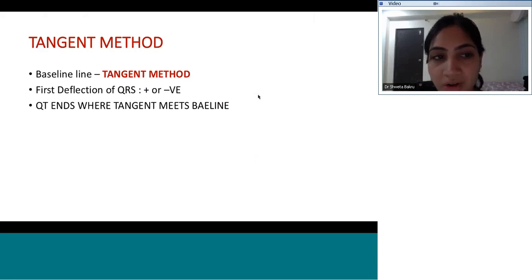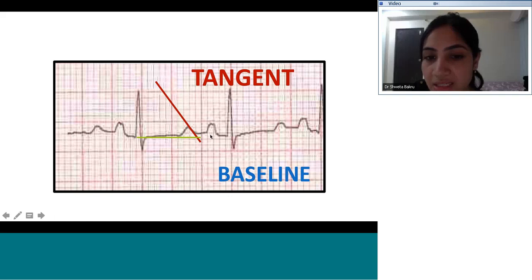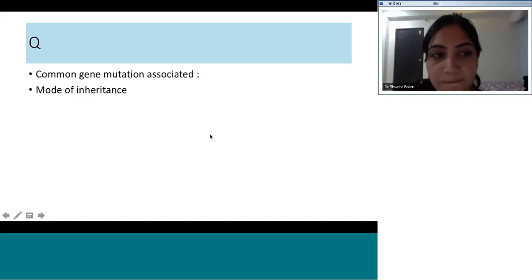There is also the tangent method, which is more precise, and false positivity is less with the tangent method. You draw a line tangent to the end of the T wave and a horizontal line from the first deflection of the QRS, and you measure that distance as the QT.